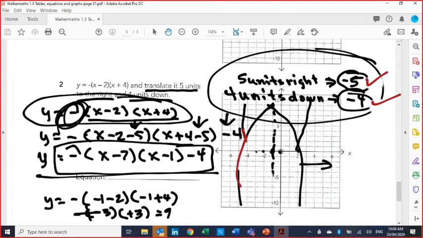So you could rewrite it if you wanted to, and use the math to do the new one, or you can simply, once you graph it, then you know it's going to just move 5 to the right, 1, 2, 3, 4, 5, and then down 4, 1, 2, 3, 4. There's your new vertex. Okay? And your x intercepts will just do the same thing.